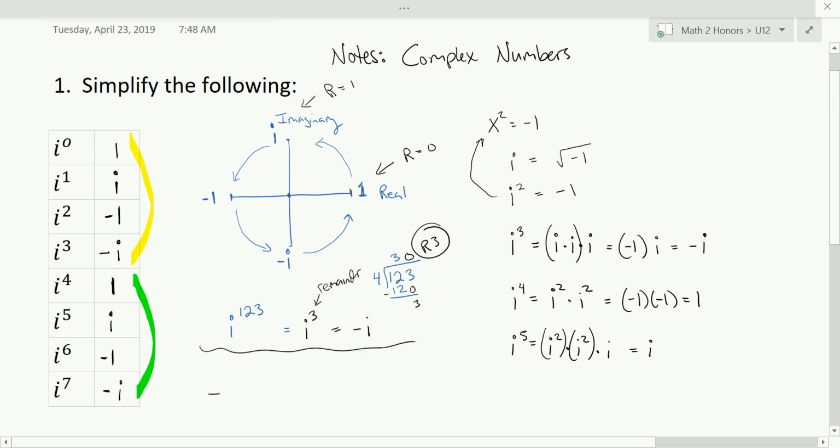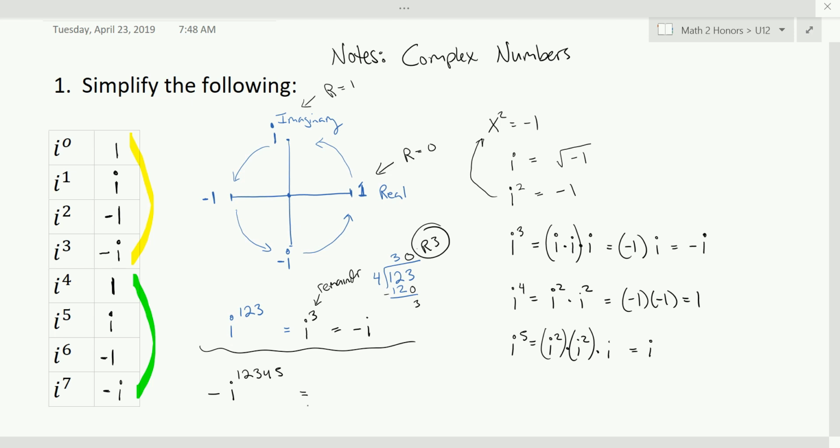What if I have negative i to the 12,345 power? What's that?